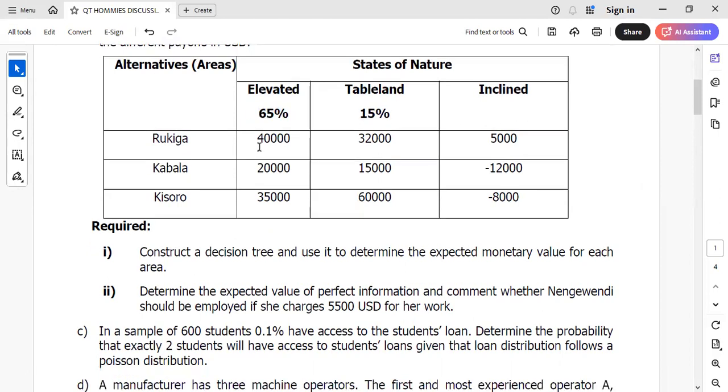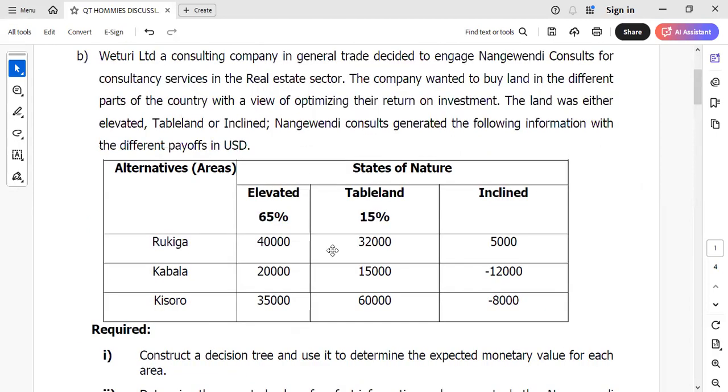So we have alternatives and we have states of nature, and these figures are in dollars. Let's construct our decision tree. We have 3 decision alternatives: Ruchiga, Kabare, and Kisoro.